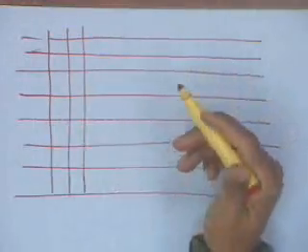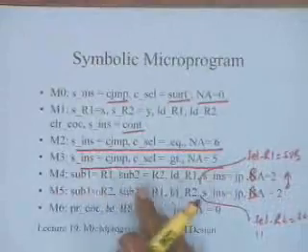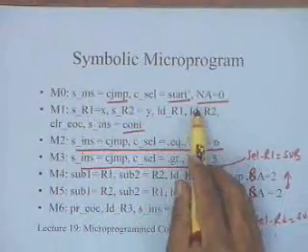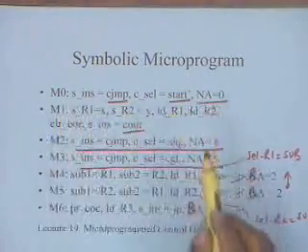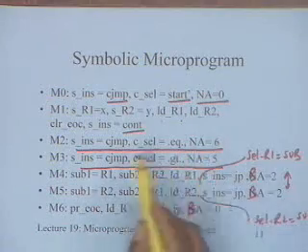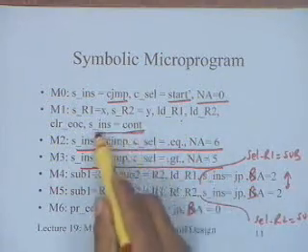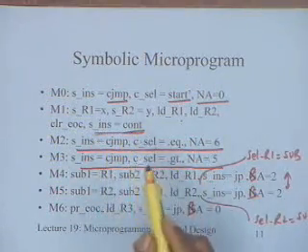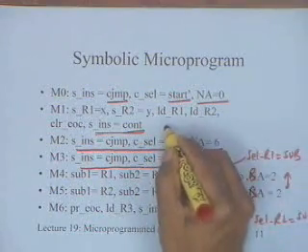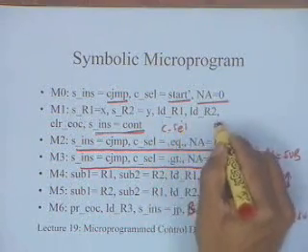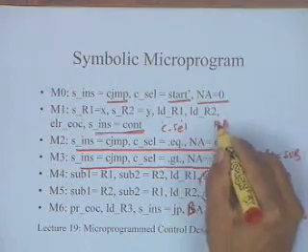Once I am filling up this table, the only thing I want to say is, I have not specified all the information corresponding to all the 16 bits in all the microinstructions. For example, when I say the sequencer instruction is continue, I have not specified what the condition select is and what the next address or branch address is.